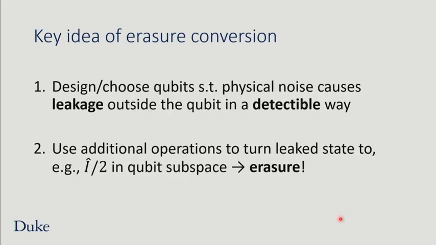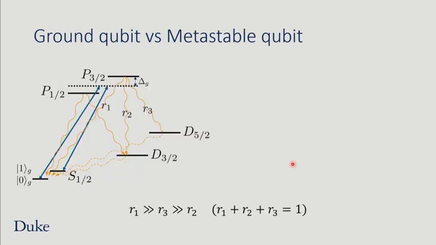Okay, so back to the key idea of erasure conversion. You need to design qubits so that physical noise causes leakage in a detectable way. So we know that there's leakage. How are we going to do that in a detectable way? The answer is using metastable qubits. So yeah, back to ground qubits, but if we zoom out, we actually see that there are also these other fine structure manifolds like D3 half and D5 half.